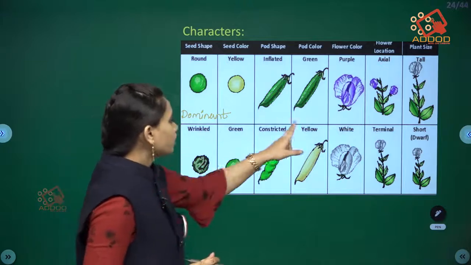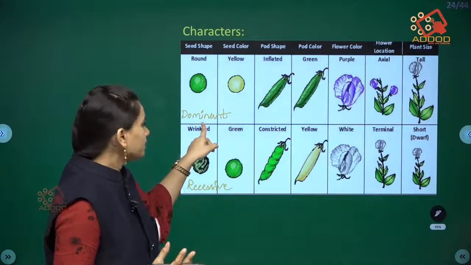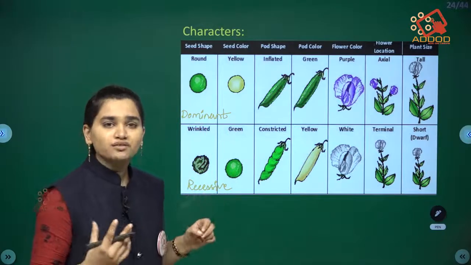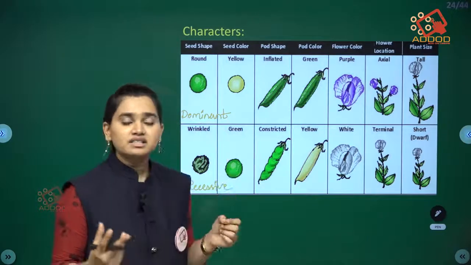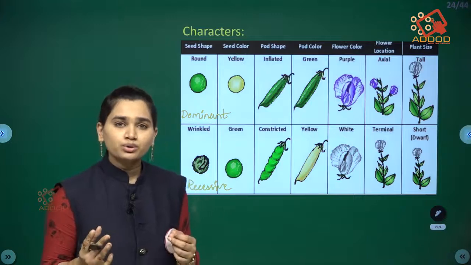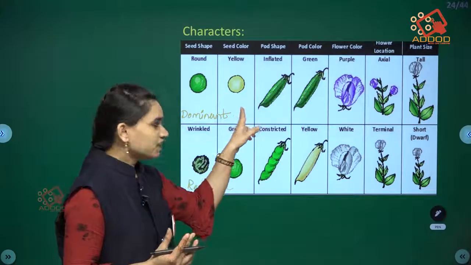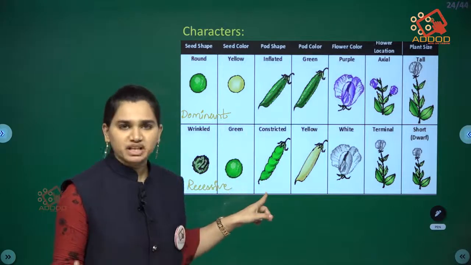So, all these are the dominant and these are the recessive characters. Now, dominant character, as I said, you have to write in capital letters, and dominant character is the one which expresses itself in F1 generation. Also, you need to know that whenever dominant character is present, then recessive character will not be expressed.